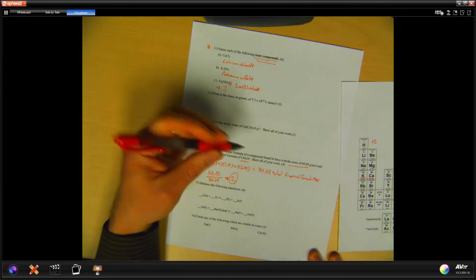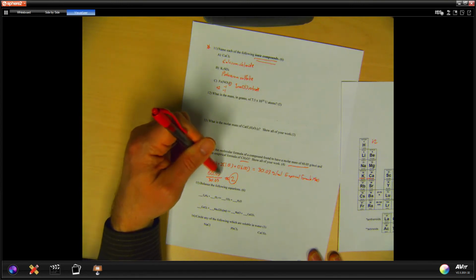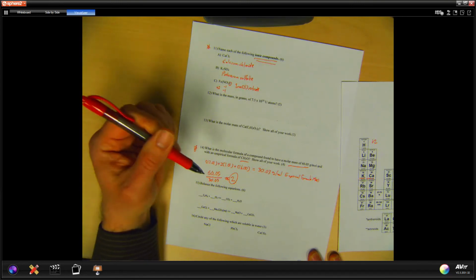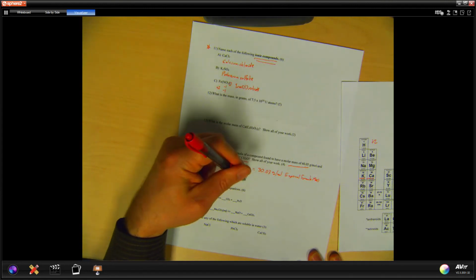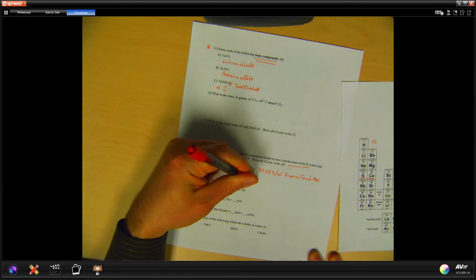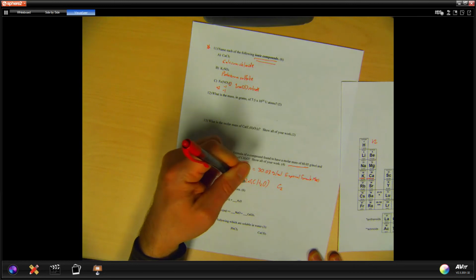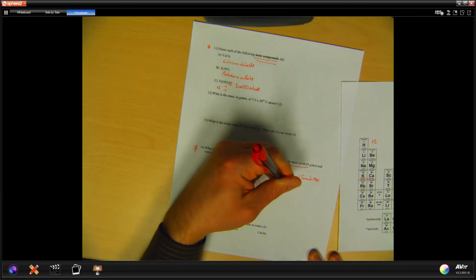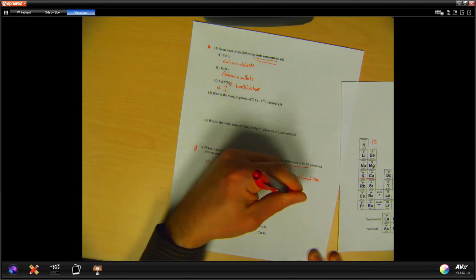This 2 is telling us that the mass of the molecule is twice the empirical formula. So we say 2 times CH2O, and we write that as C2. 2 times the 2 is 4, so H4, and then 2 times the 1 is 2. So C2H4O2 would be the molecular formula.